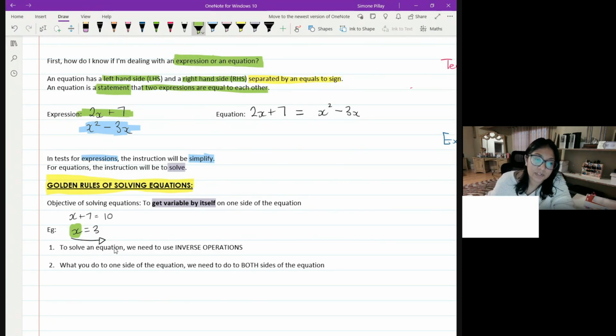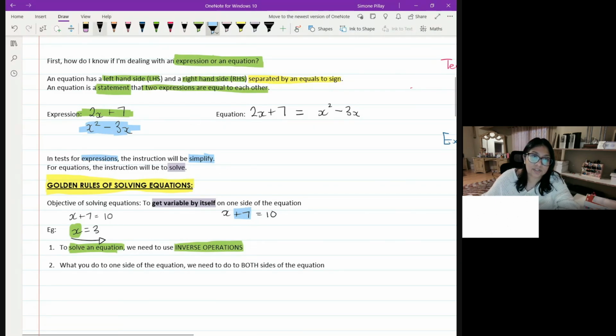Showing our steps. Well, to solve an equation, meaning to get the variable by itself, you need to use inverse operations. What do I mean by that? Well, let's take this equation that I had. It was x plus 7 equals 10. Remember, my goal is to get x alone, which means this positive 7 is irritating me.